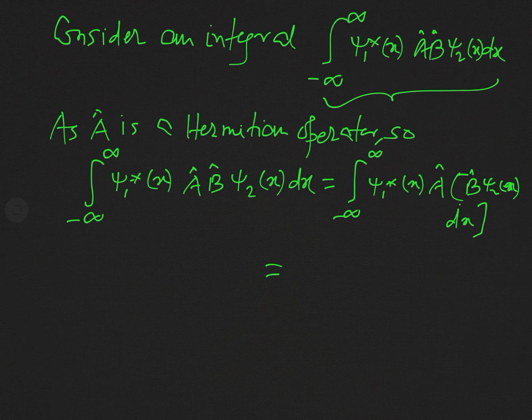and this may be written as the integral from minus infinity to plus infinity, since A hat is a Hermitian operator, as I have mentioned here. So you know from the definition of Hermitian operator that this operator may be associated with the first function psi1 star of x or the second function B hat psi2 of x. So let us link this operator to the first function.